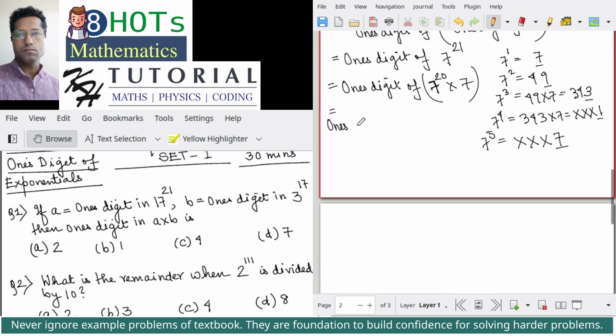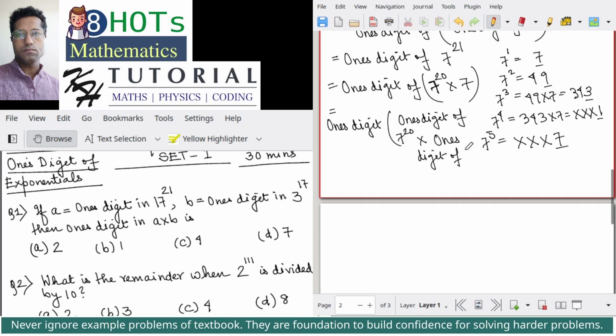So we can say this is the ones digit of 7 to the power 20 multiplied by the ones digit of 7.